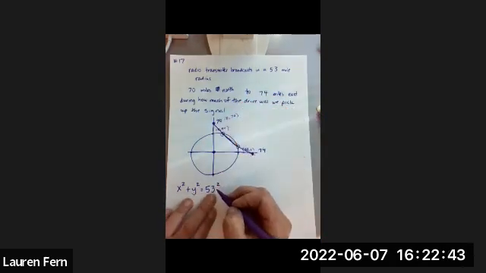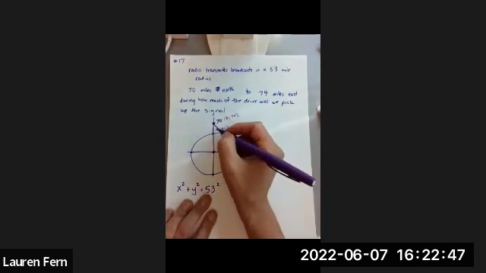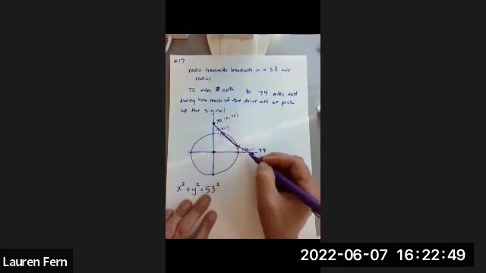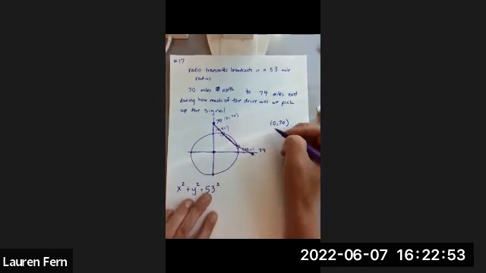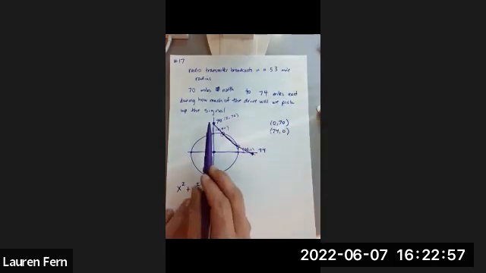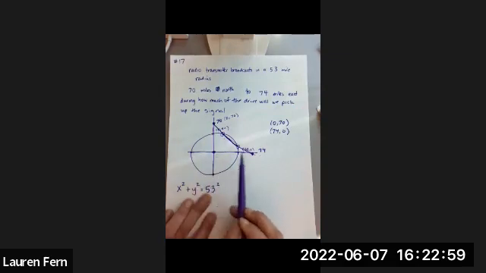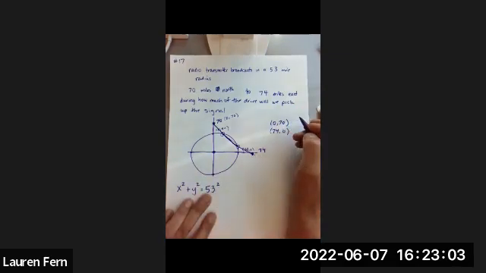So here's the equation of my circle. I do need to know the equation of this line. I claim this line goes through 0, 70 and 74, 0, right? 70 miles north, 74 miles east.